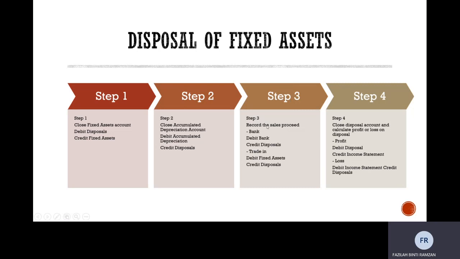Step 3, record the sales proceeds, what you get from your sales, from your disposal. If you get money in terms of bank, you debit bank, credit disposal. Or sometimes you trade in your old asset being disposed, it still has value, so that value will be debit fixed asset, credit disposal.